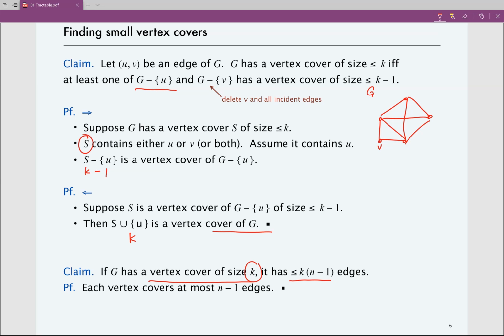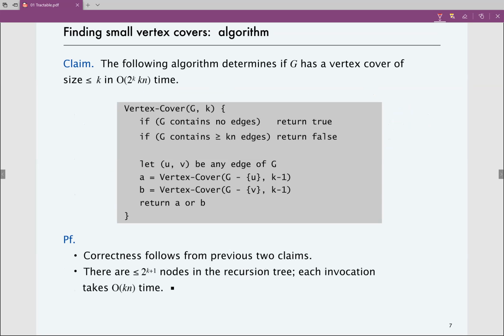All right, so now we have both of these facts, and we can use them to design an algorithm to solve vertex cover in this better exponential time that we talked about. The algorithm is going to be phrased recursively.